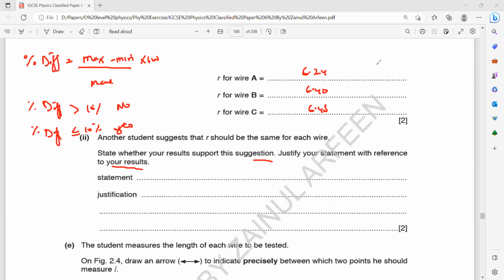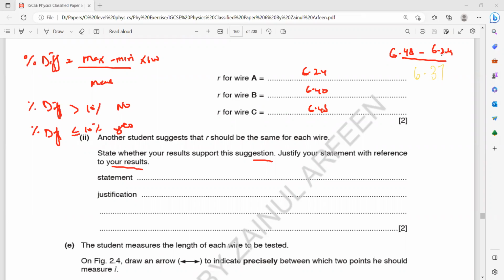What is the maximum value for us? The maximum value is 6.48. What is the minimum value for us? That is 6.24, divided by mean. What is the mean of these three? 6.24 plus 6.40 plus 6.48, divided by 3.